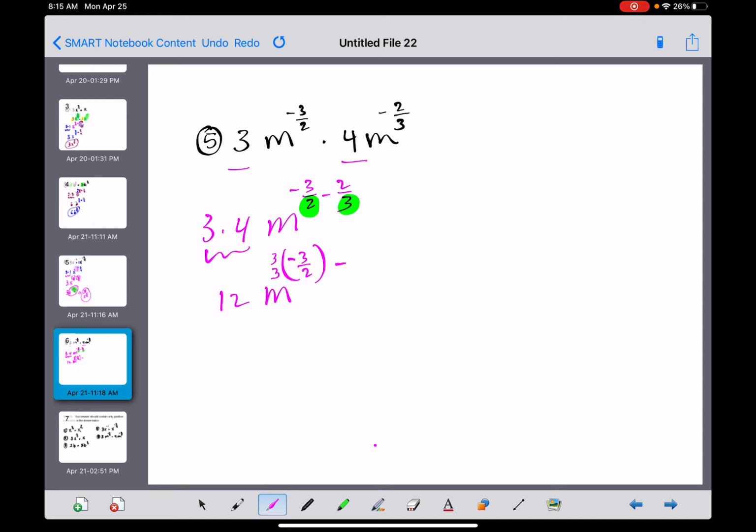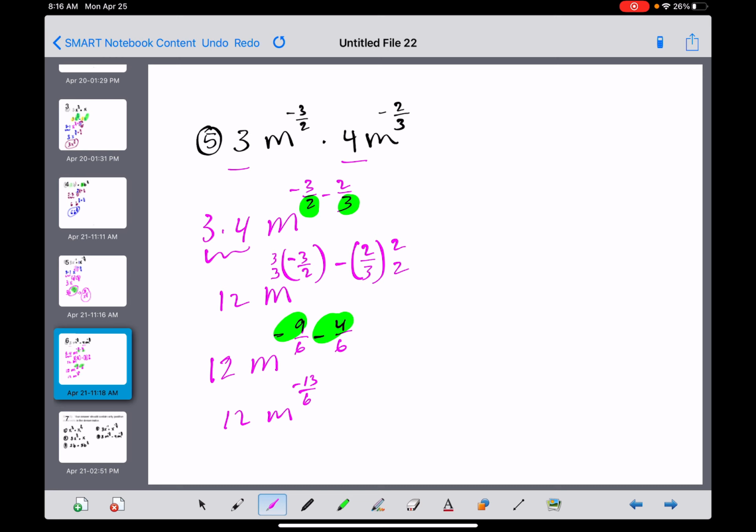For the second part, 2 over 3, we multiply by 2 over 2 to turn it into a 6. So 12 stays, m to the negative 9 over 6 minus 4 over 6. Negative 9 and negative 4 is negative 13 over 6.